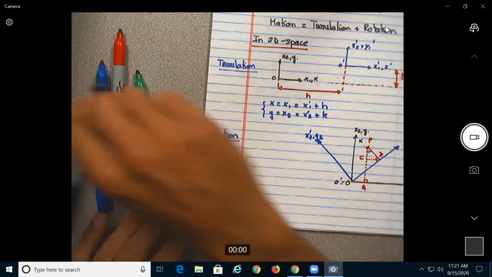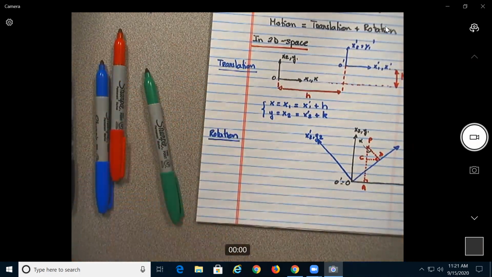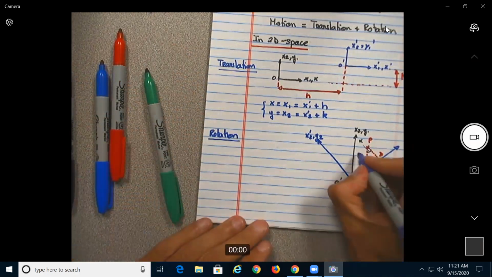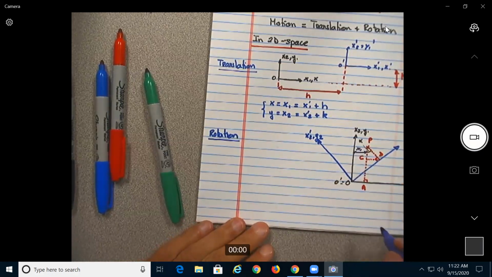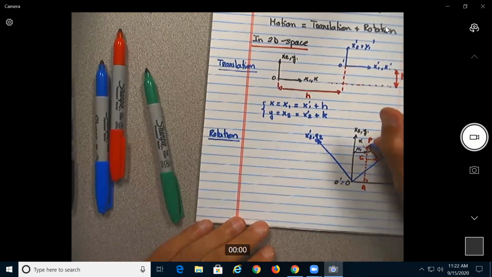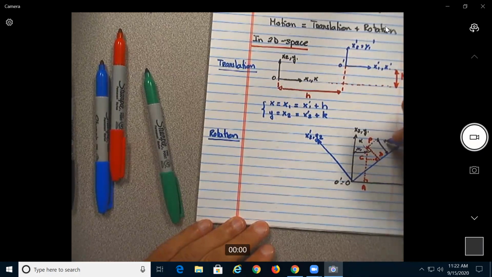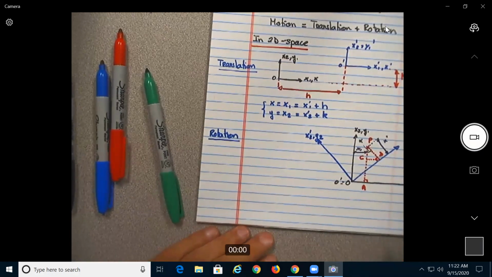There's too many things on that figure. So that distance here will be x1. And that distance over here will be the rotation distance. Once you have rotated, this will be x prime 2.